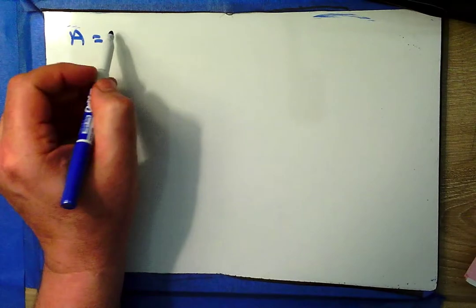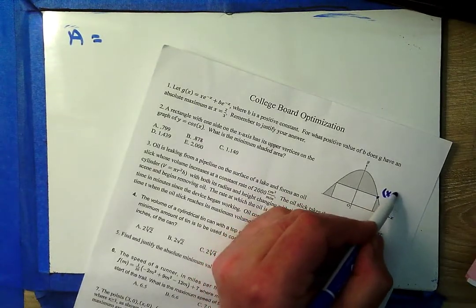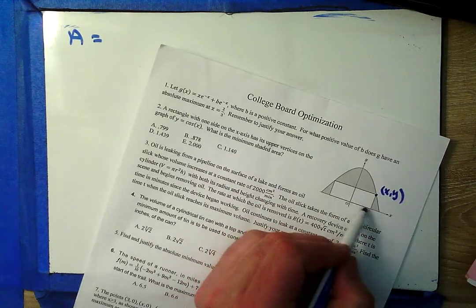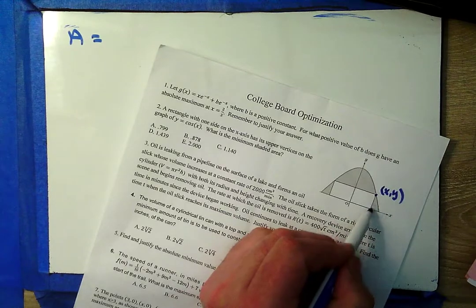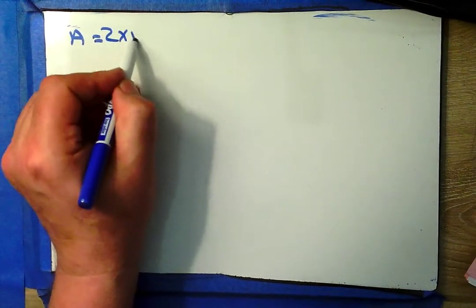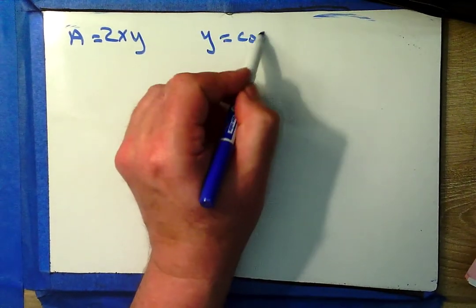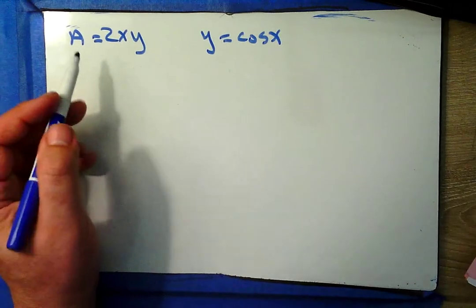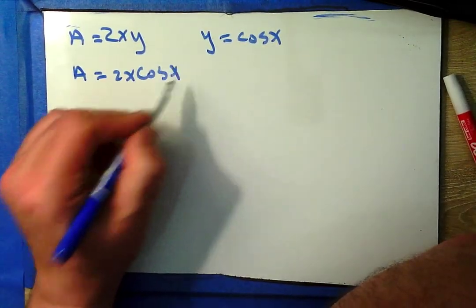So I'm going to start by thinking about the area formula for that rectangle, which, if this is an ordered pair called xy, then this is x and this is x, so this whole thing is 2x, and the height here is y. So I've got 2xy. And we know that y equals cosine x. So we can rewrite this as area equals 2x cosine x.